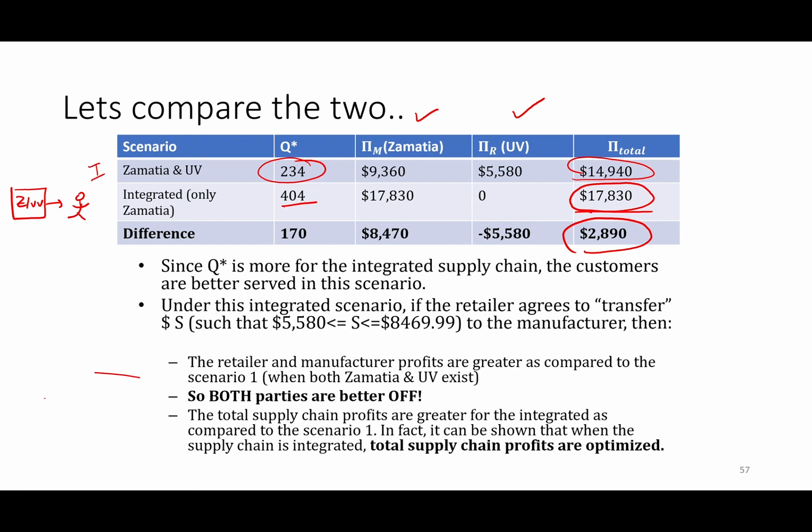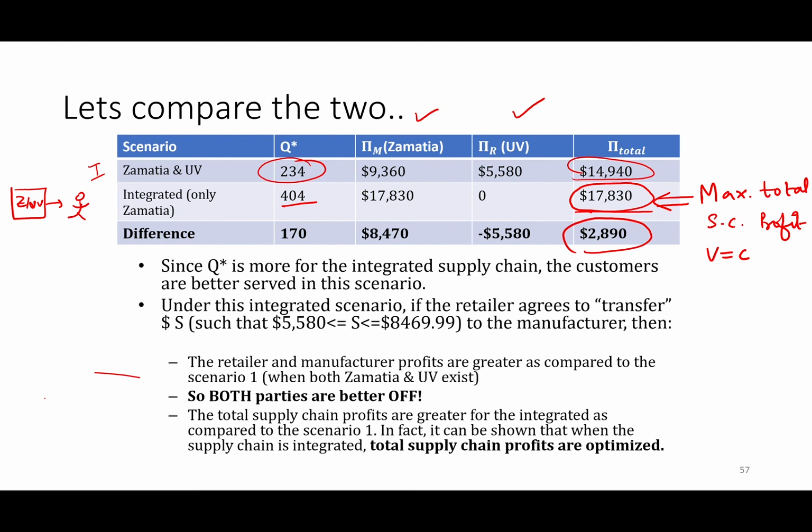so one of the things to keep in mind is that this is the maximum total supply chain profit, and the way that we get it is by setting V equal to C. Okay, or in other words, when Z and UV become an integrated firm and sell to the end customer.